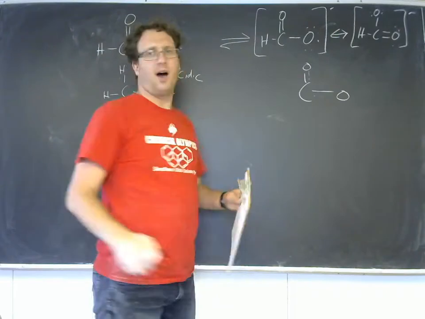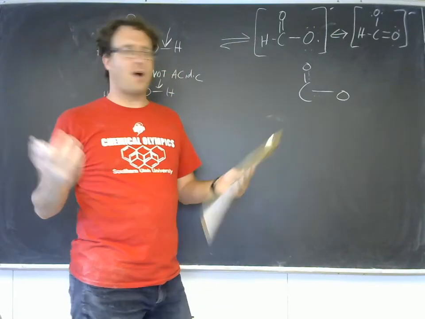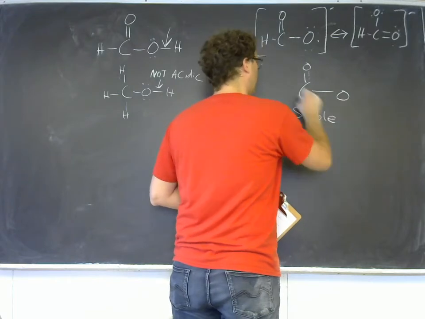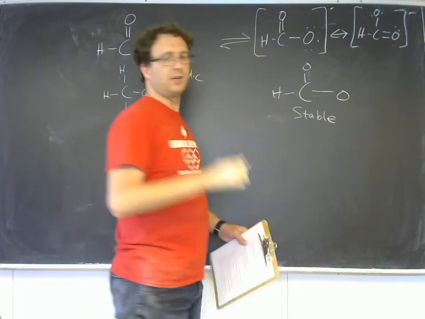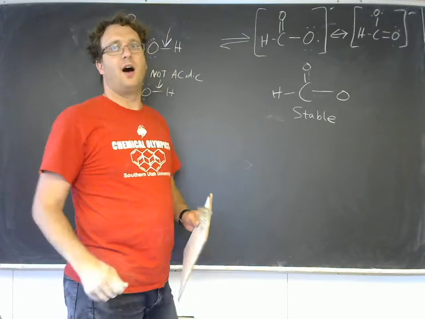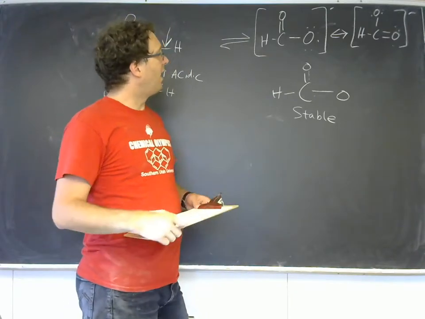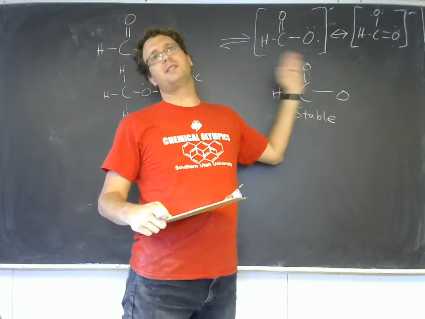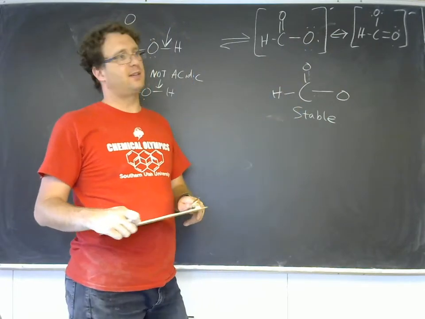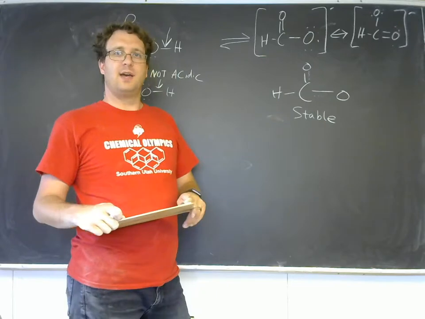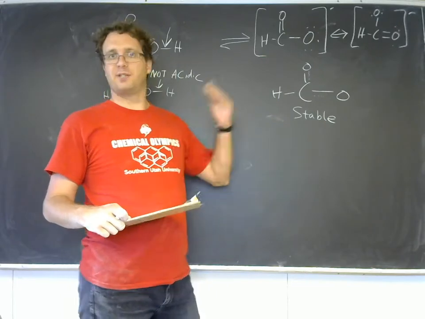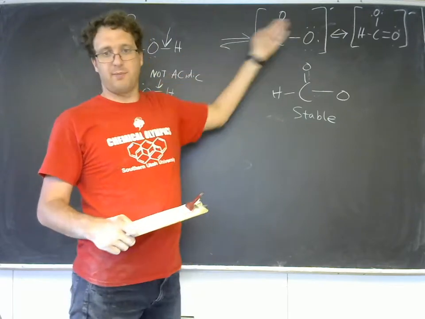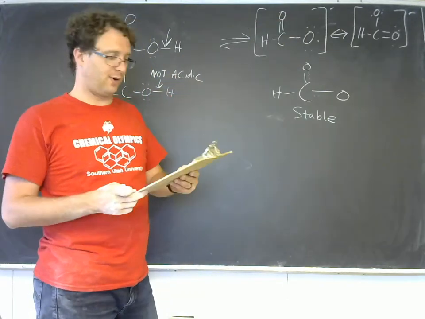And resonance has the property of making ions particularly stable. It lowers the energy of the structure. Because the conjugate base of formic acid exhibits this resonance and is particularly stable, that will drive the equilibrium to the right and make for a stronger acid than you otherwise might have guessed.